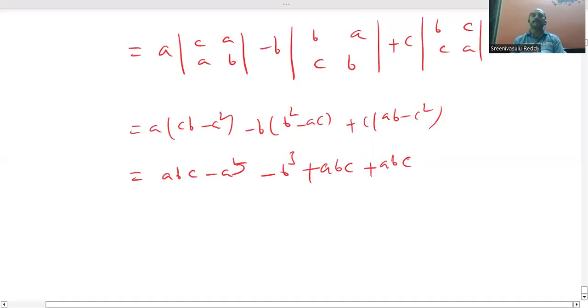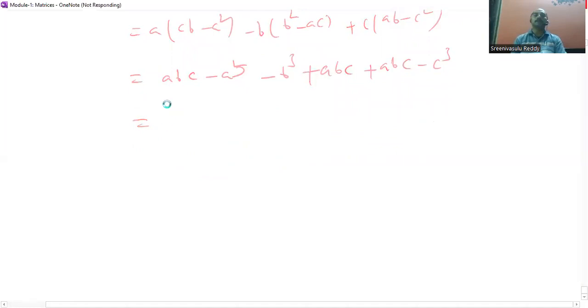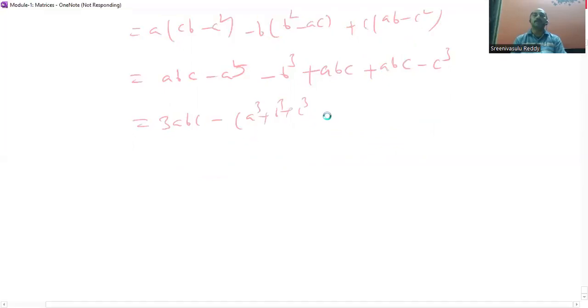ABC is 3 times, so this value is 3ABC minus of a cube plus b cube plus c cube. That's all. This is delta, but we require delta square.